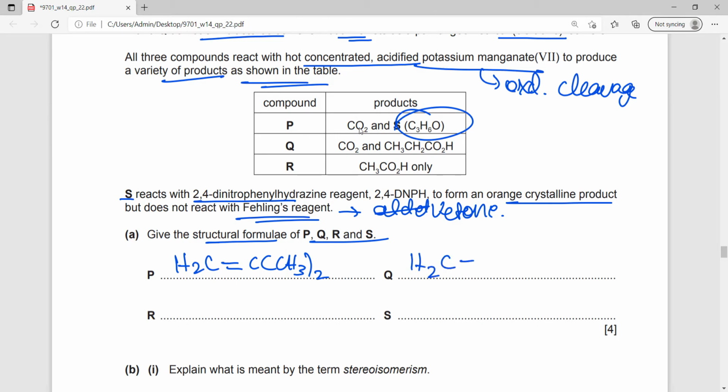Carbon dioxide has been produced, so H2C and CH3CH2CO2H. To produce an acid, you have to have it attached to only one carbon atom, so it'll have CH, and two more carbon atoms, CH2, CH3. For R, it'll give CH3CO2H only.